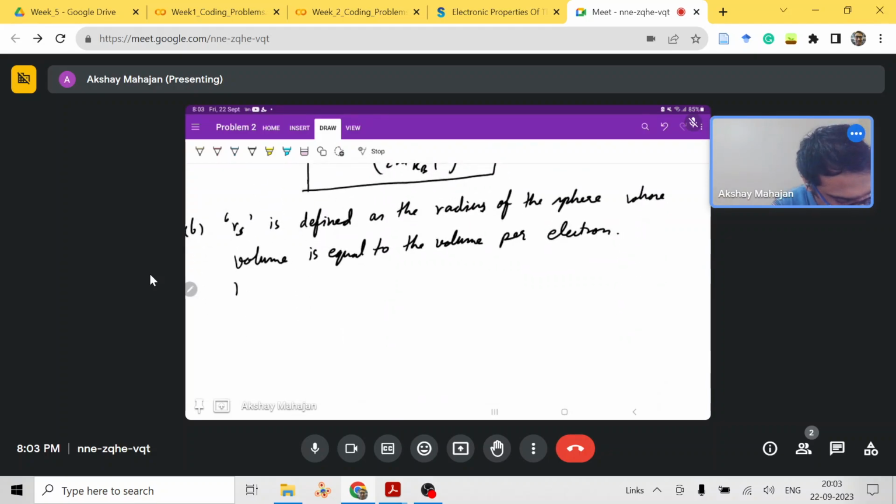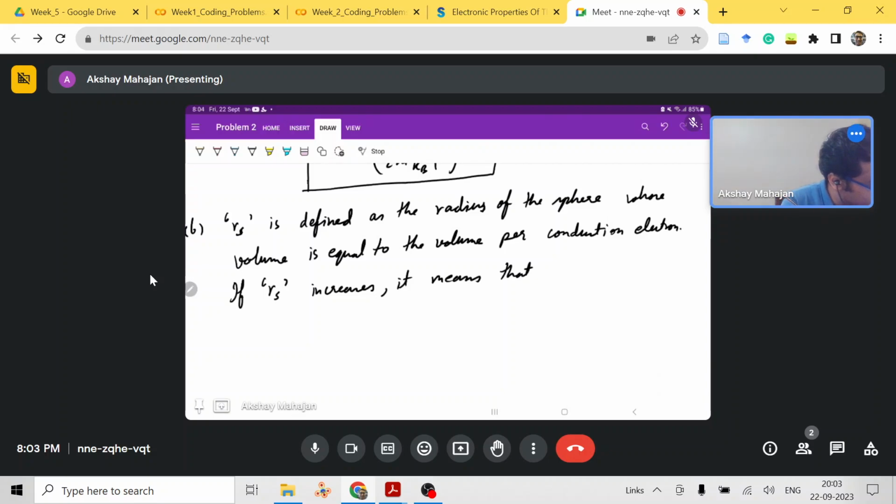If rs increases, it means that per, again you can say per conduction electron. So if we are talking about metals, we are talking about conduction electron.